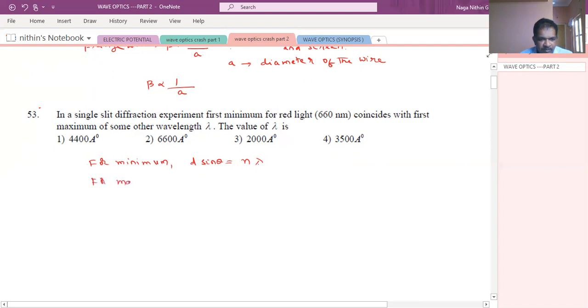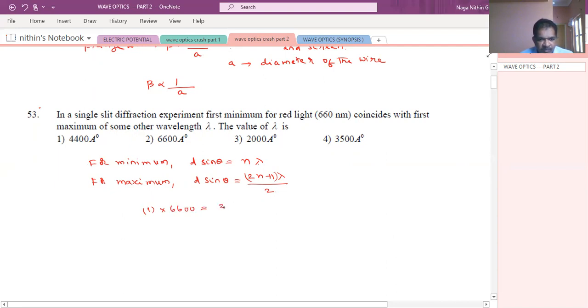For maximum in diffraction, a sin theta is equal to (2n plus 1) into lambda by 2. They gave that these two are equal. So what will happen here? First minimum means n value will be 1. Lambda value will be 660 nanometer, means 6,600 angstrom unit.